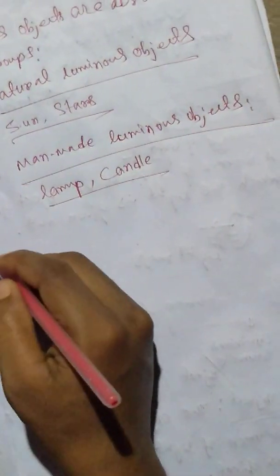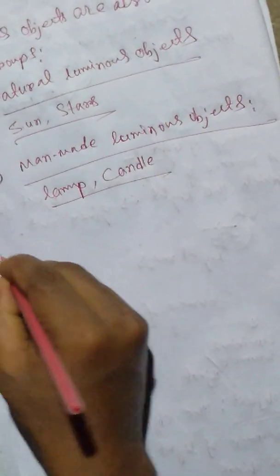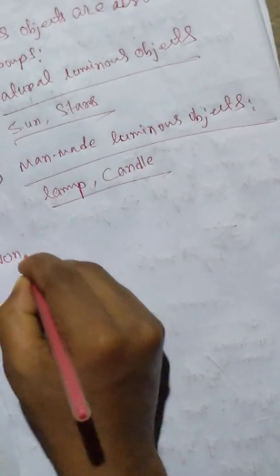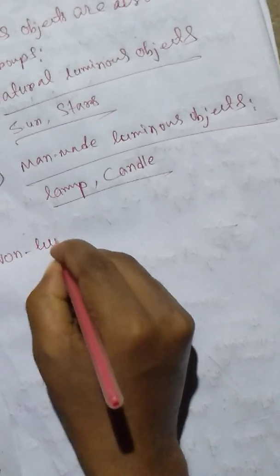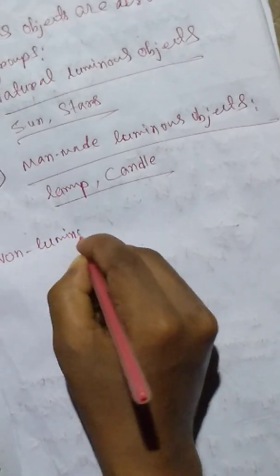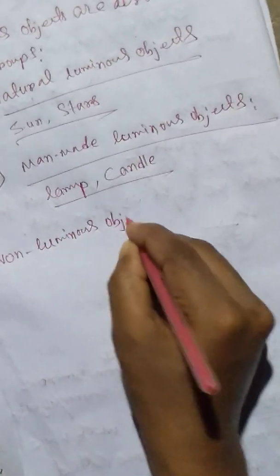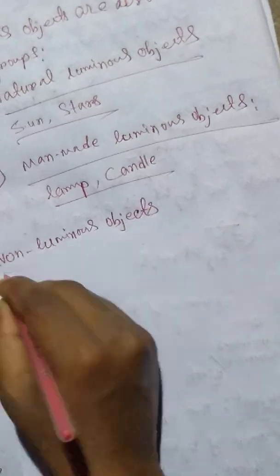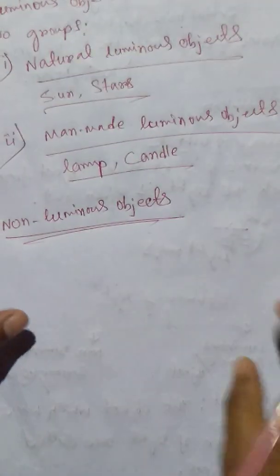And what is the definition of non-luminous objects?